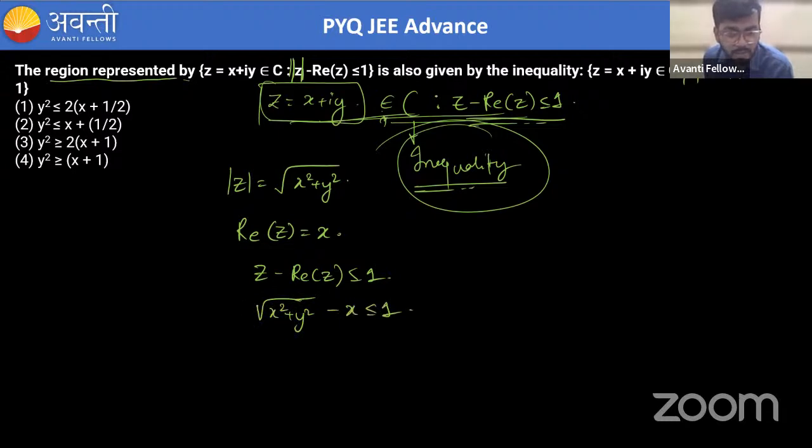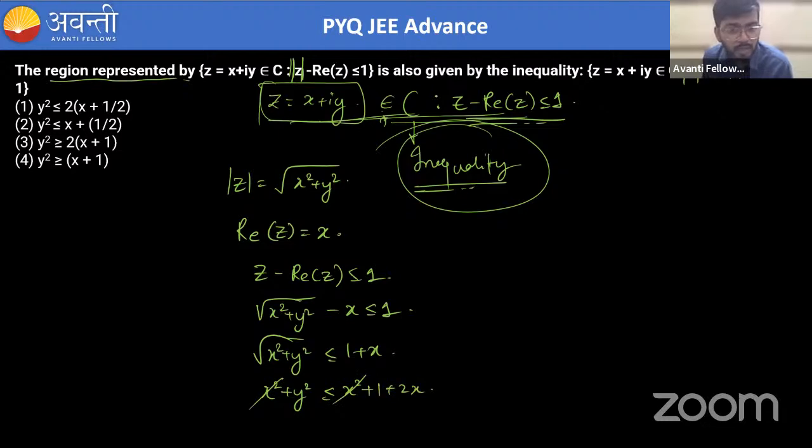You will take this x to that side. This will become less than equals to 1 plus x. Now x square plus y square will be less than equals to x square plus 1 plus 2x. X square will get cancelled.